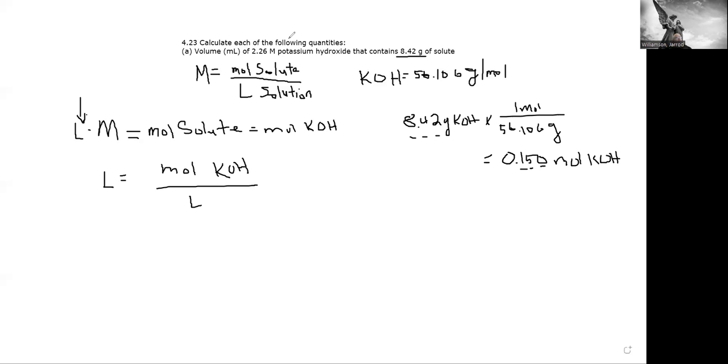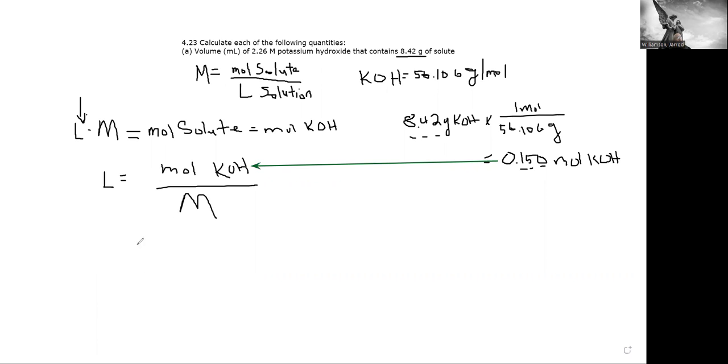I'm going to substitute that into there. And I made a typo mistake. This isn't liters down here. That is molarity. Excuse me. The liters is the moles over the molarity.